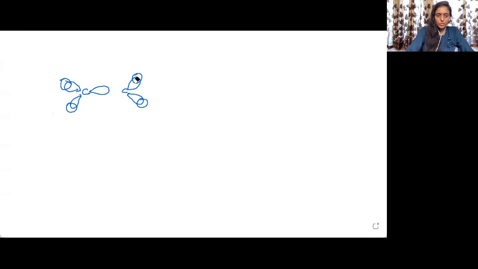And now we will be showing the complete structure. So here it is. Carbon. This is the bond.